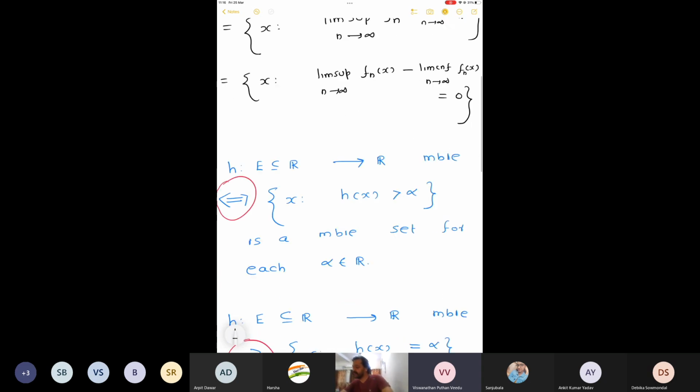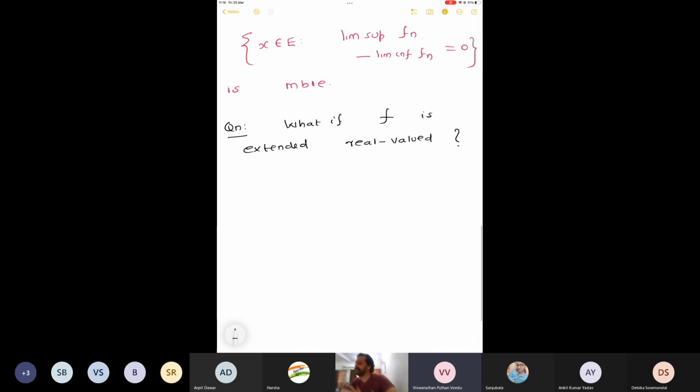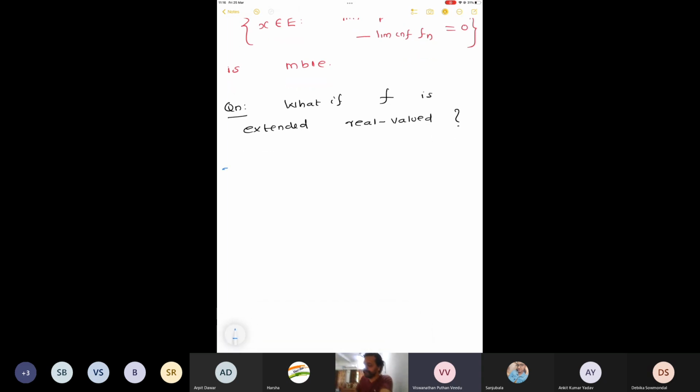Maybe you can consider those two cases separately and see. You consider the case when lim sup equals lim inf equals infinity, that is, the limit is infinity. And also you consider the case when the limit is minus infinity. But anyway, I don't want to include the discussion right now.